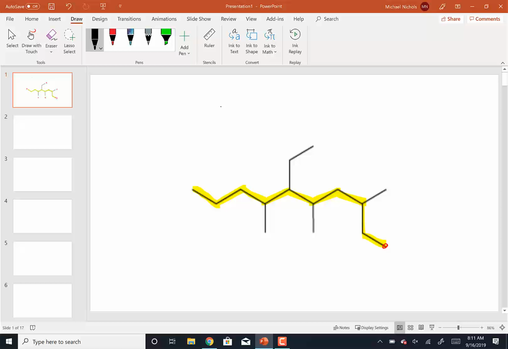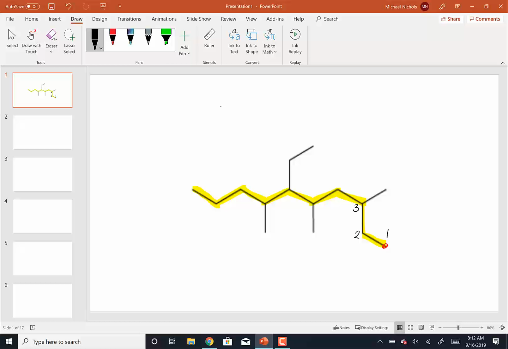Agreed? How are we making that decision? We want a number at the end, from the end closest to the first substituent. So in this case, if I go 1, 2, 3, I encounter my first substituent at 3. Over here, if I go 1, 2, 3, 4, I encounter my first substituent at 4. And so I have to go from right to left.